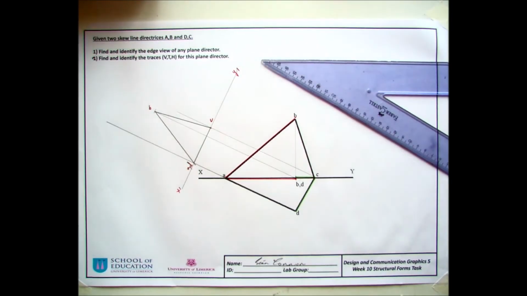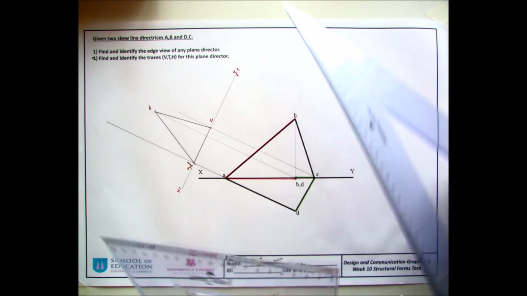Now I could have multiple planes that are going to be cutting through this particular hyperbolic paraboloid, which will then produce lines on the surface which will act as generators, or they're also known as directrix.